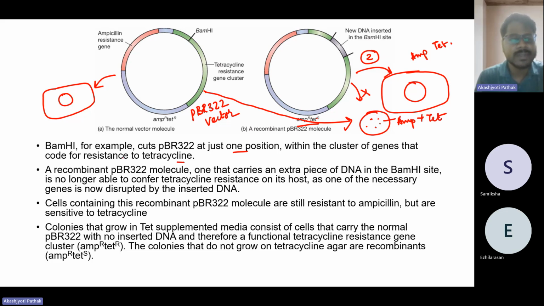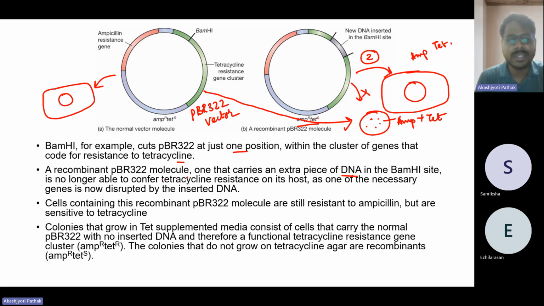So what happens? A recombinant pBR322 molecule will carry an extra piece of DNA in the BamHI site. So in place of this BamHI site, you have cloned an extra piece of DNA.